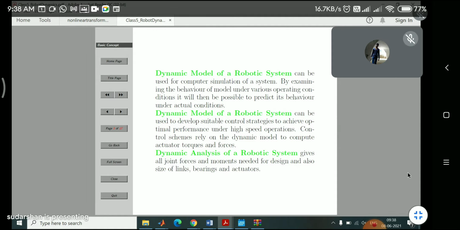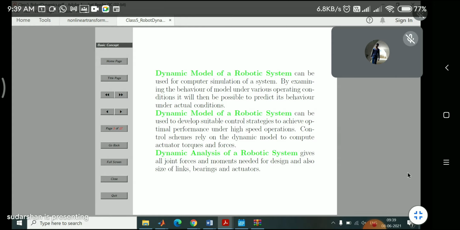If we have the mathematical model that involves the forces and torques, then I can design the controllers, whether it is a PID controller or a state space model based controller, that can drive the appropriate amount of force and torque and control the operation of the robot.